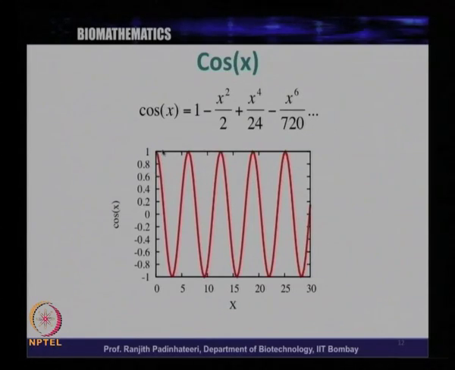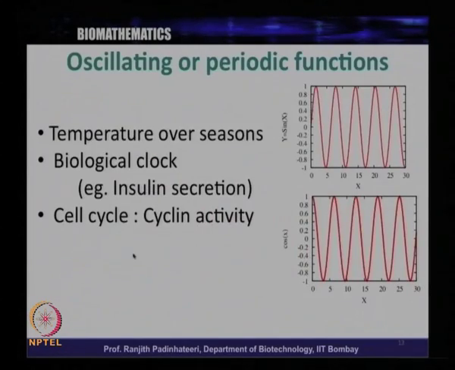And both cos of x and sin of x oscillate between plus 1 and minus 1. So, you can see that these are oscillating functions, periodic functions. As we said, you can think of many periodic phenomena, oscillating phenomena in nature, in day to day life or in biology, and one could write any such phenomena as a combination of sin x and cos x.